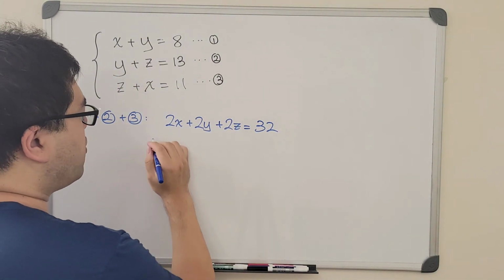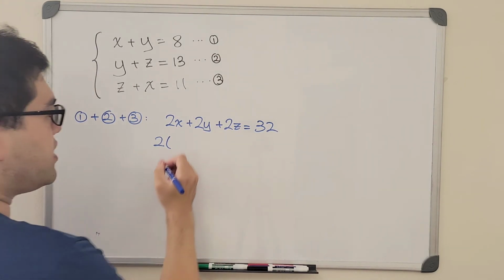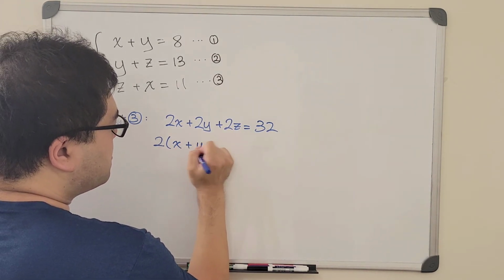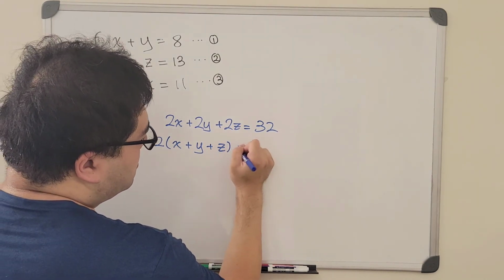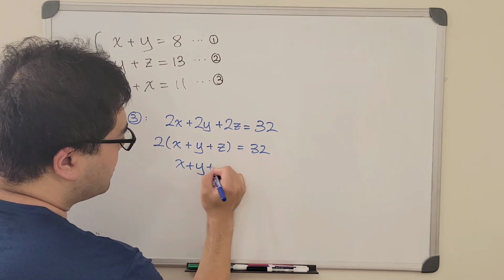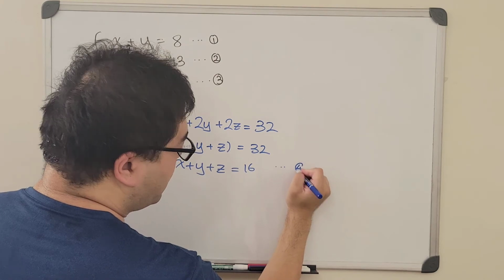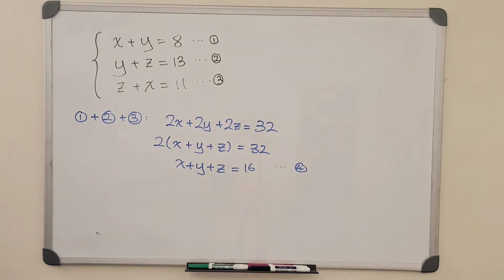So now we can factor out the 2 on the left-hand side and then divide both sides by 2 to get x plus y plus z equals 16. So again, let's call this equation 4.